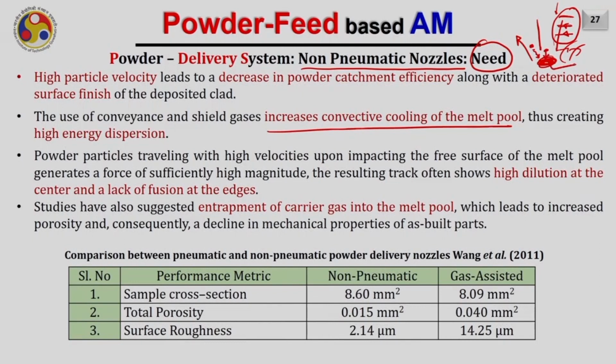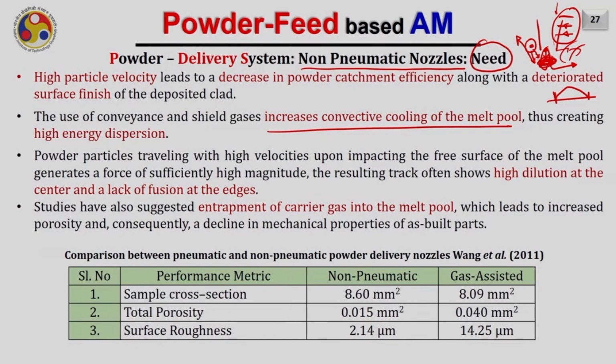Also, the temperature of the molten pool is higher at the center. So the chances of absorbing the powder particles at the center are more as compared to the powder particles that are heading towards the periphery of the molten pool. As a result, the deposited bead always looks high at the center and less towards the edges.